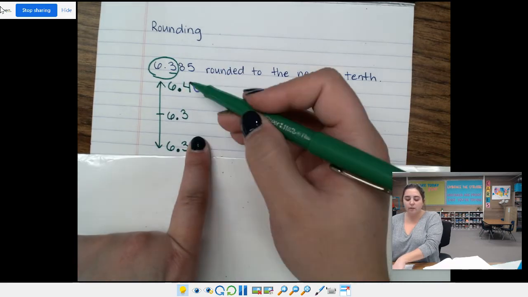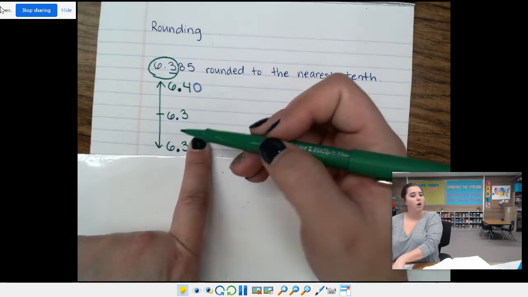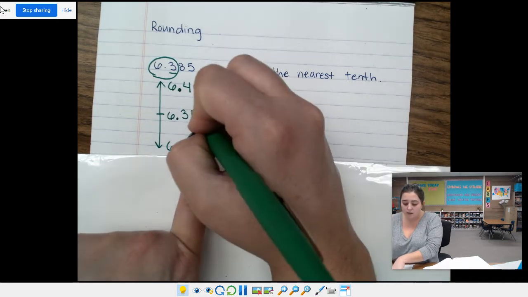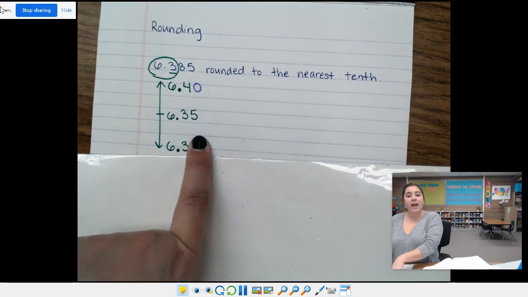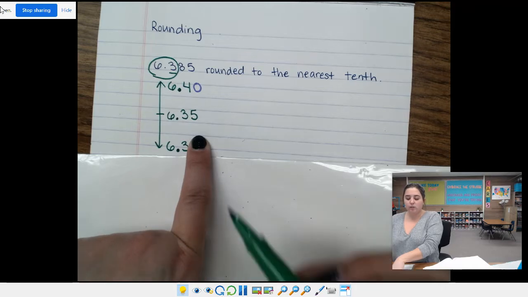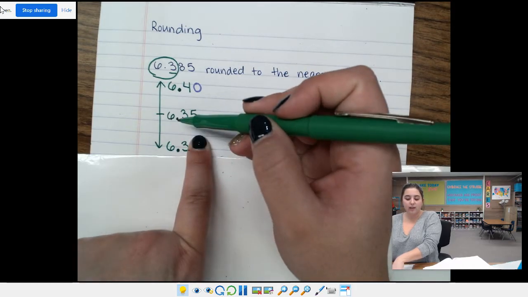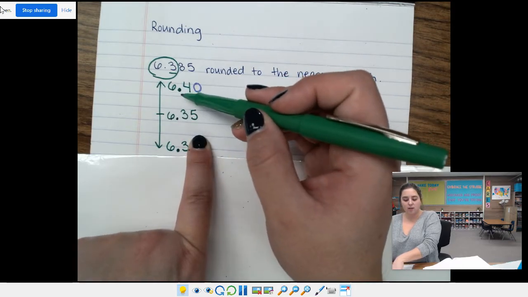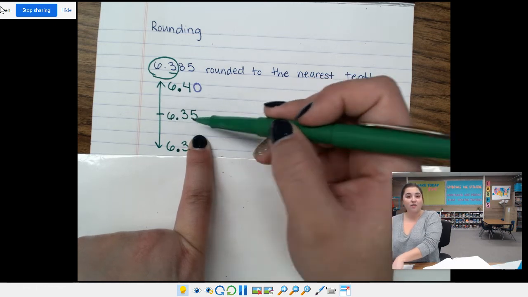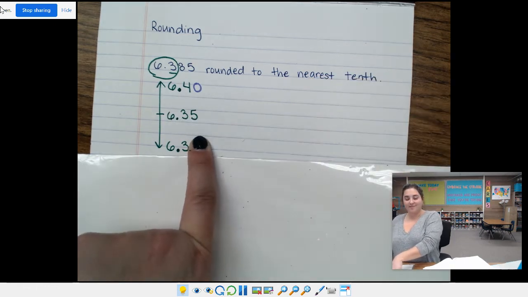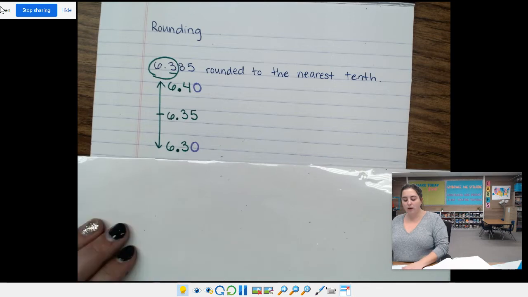To make it in the middle of these two numbers, all I need to add is a 5. That's like adding a half to it. So what's in between 63 tenths and 64 tenths? 63 and a half. All right, that's my midpoint.